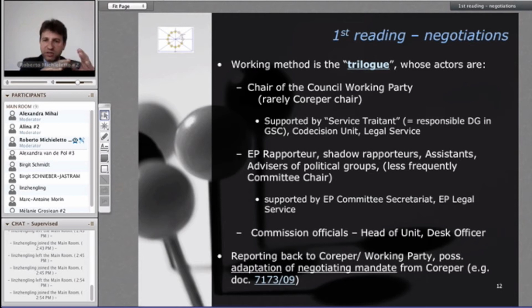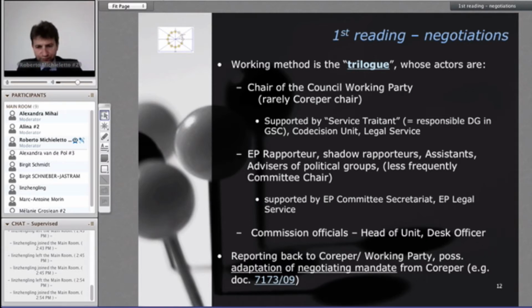And then you have also a technical meeting which follows the political one, in which you discuss the details. So, for example, you decided to change an article: instead of asking for CO2 measurement, you ask for the measurement of other types of gases. And then you have the technical meeting defining these types of gases, because you don't have enough time in the trilogue to discuss also the small details.